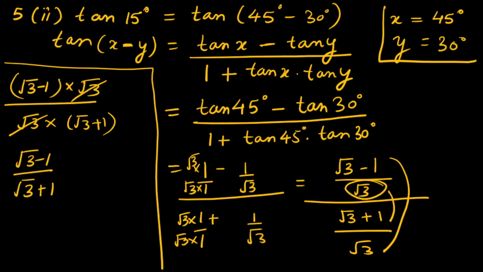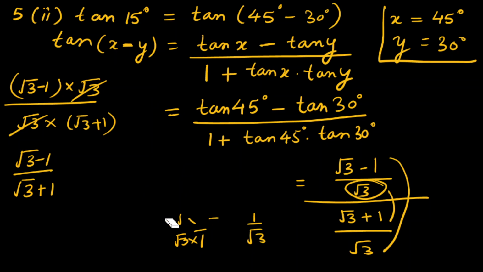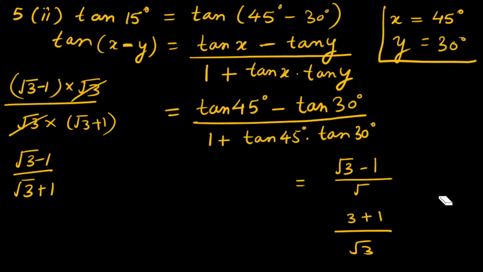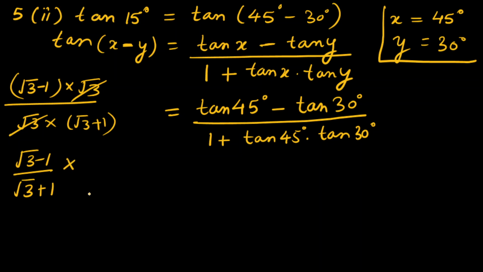Now here you have to remember the concept of rationalization, because whenever the denominator is an irrational number of this form, we have to rationalize. So we can rationalize; its rationalizing factor will be root 3 plus 1 divided by root 3 plus 1.